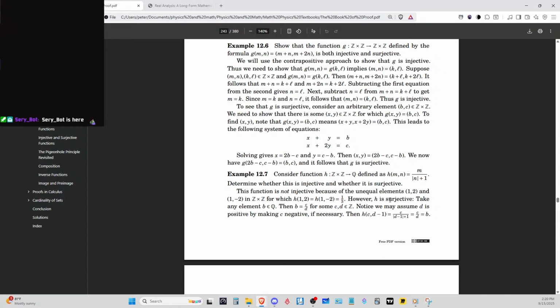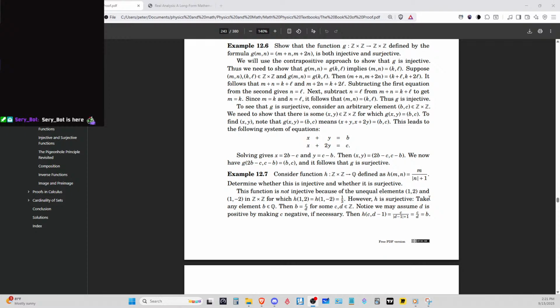However, h is surjective. Take any element of the rationals, b over c. Oh yeah, here we go.